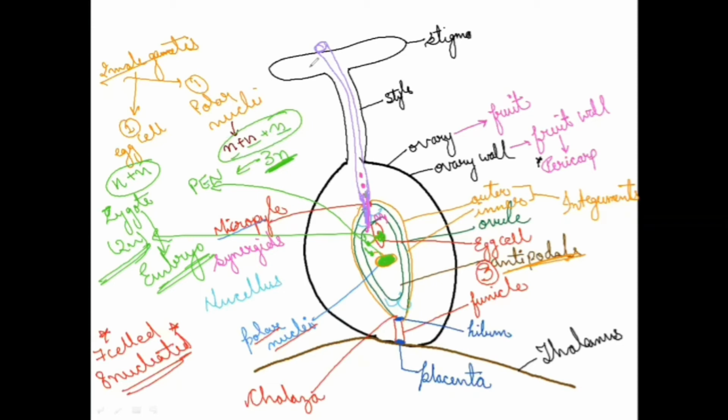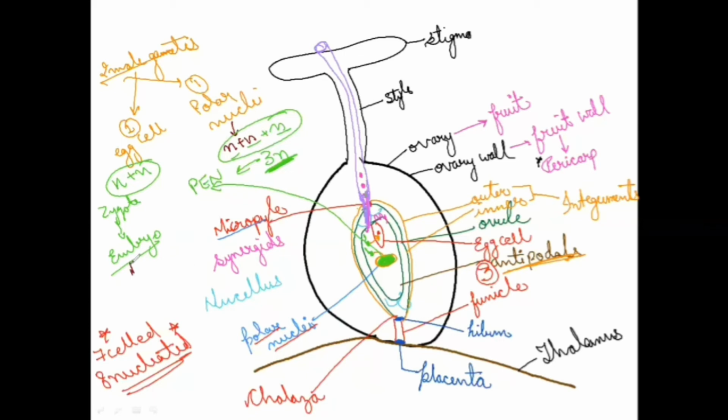Let me tell you that. So it's all hodgepodge, so I'll just clear some of the parts over here so that it will be easily visible. Okay, so guys, basically what is happening, this was the zygote and zygote forms the embryo. The embryo is actually the next generation of that particular plant.